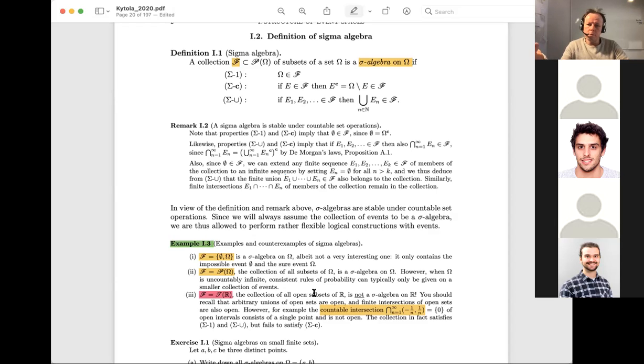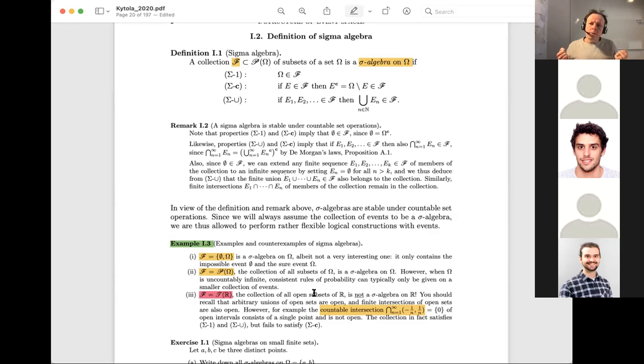So what to do? We would still want to calculate probabilities for this. The problem was that the open sets are quite a nice structure, but we ran out of the open sets when we were doing these intersections and unions. So we got out of the nice collection, the open sets.